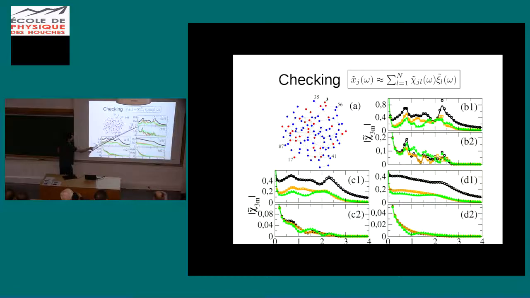Now, if you go to panel B2, you go to the far field, which means now we are looking at how the perturbations propagate through the network and what kind of response they evoke at those nodes. So the black curve would be the frequency resolved response of generator 17, and the other two curves, the ones of 87 and 41.